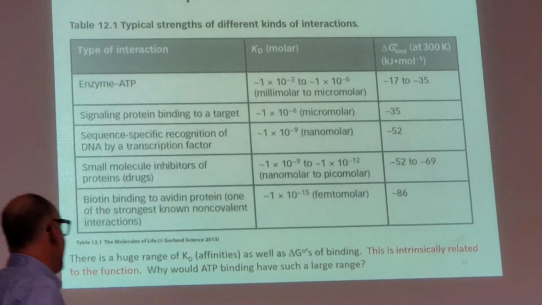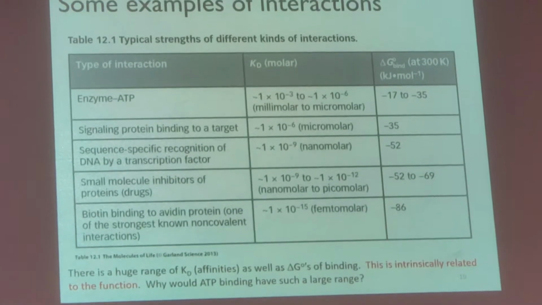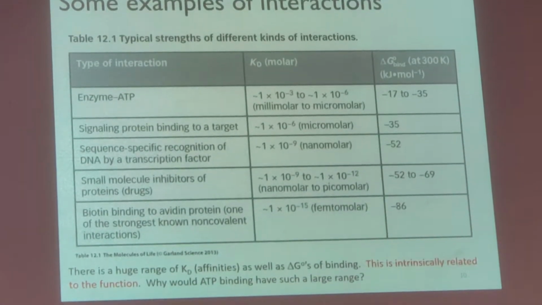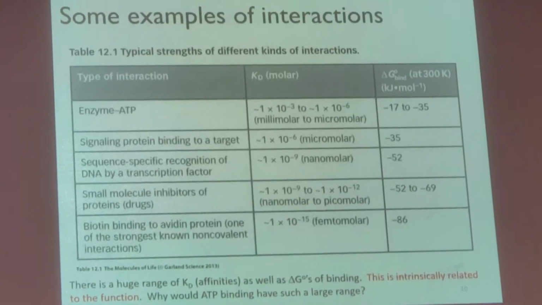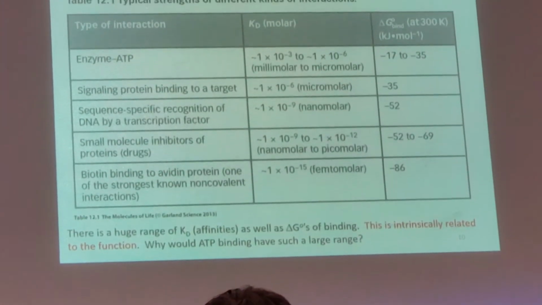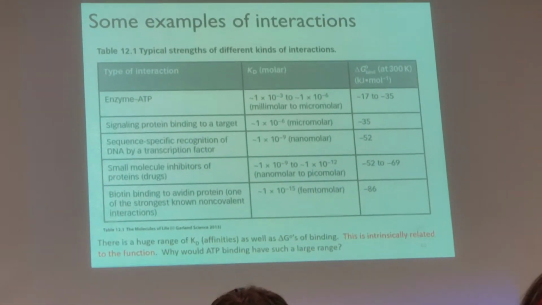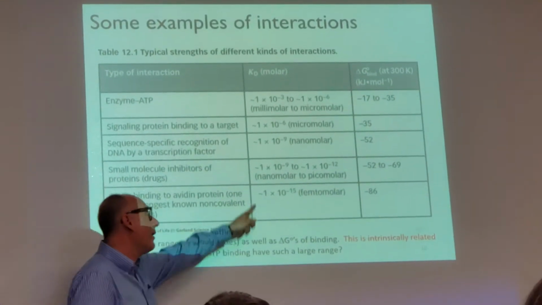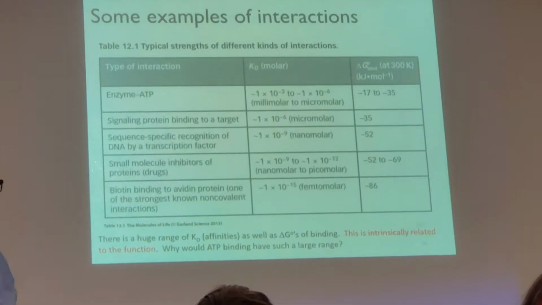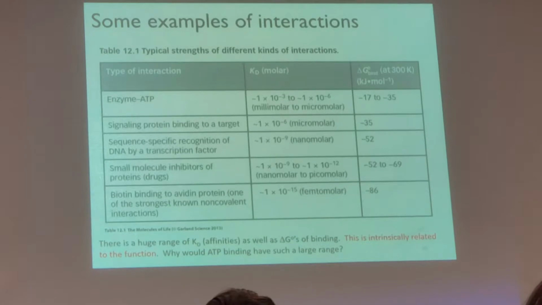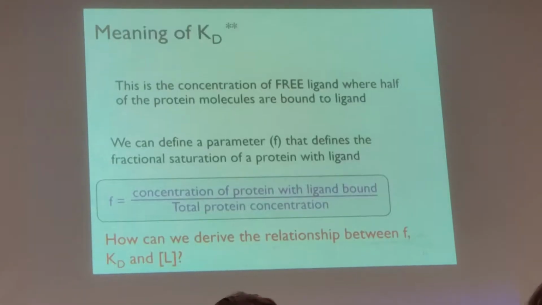If I tighten that interaction, if I go to the femtomolar, my delta G of binding is much, much more favorable and approaches minus 100 kilojoules per mole. So, there's a huge range that you could encounter. If I want to develop a drug, I want to be nanomolar, something less. That would be useful, because I really don't want to take 20 grams of the drug to make it effective. That would also cause a lot of other problems.